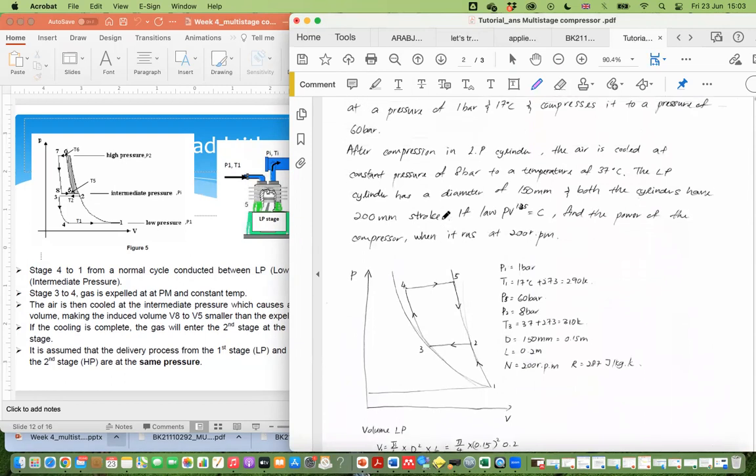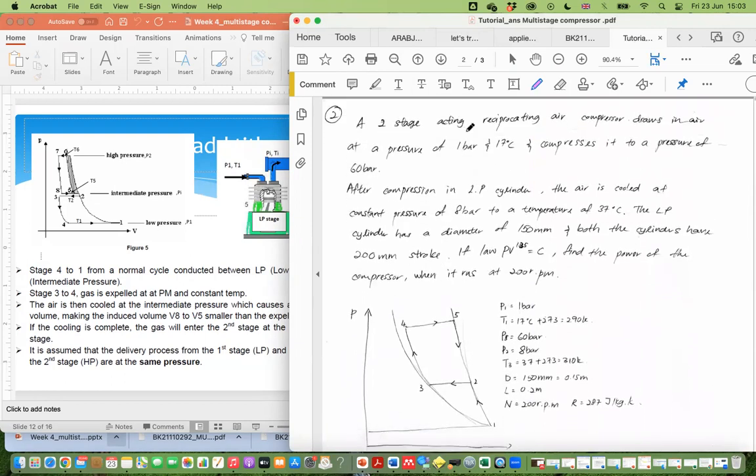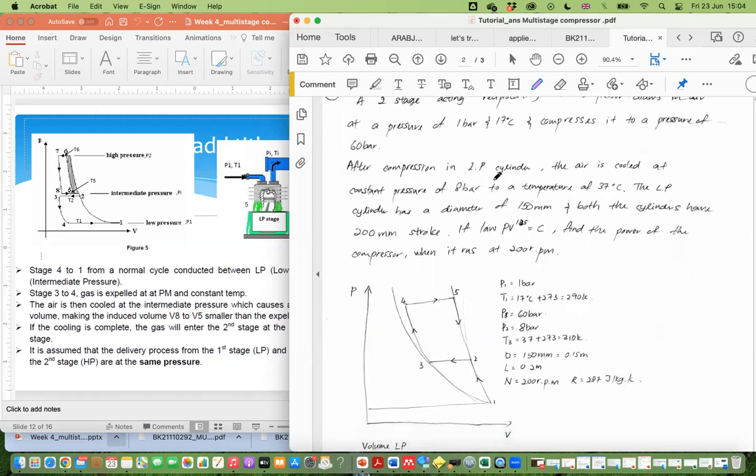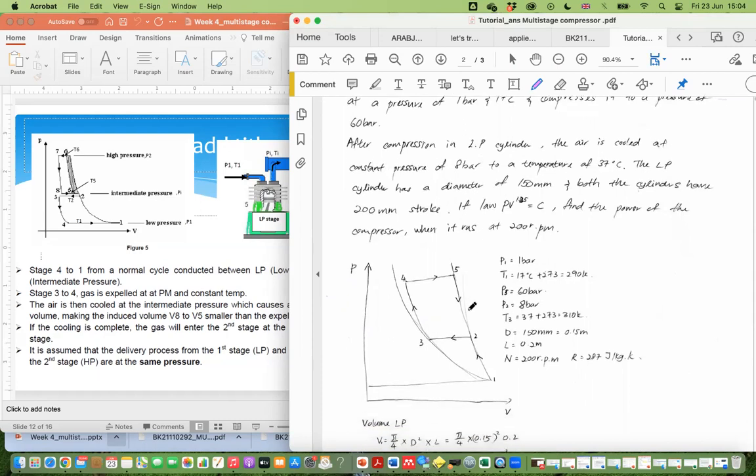The second question is: a 2-stage acting reciprocating air compressor draws in air at a pressure of 1 bar and 17 Celsius and compresses it to a pressure of 60 bar. After compression in the low pressure cylinder, the air is cooled at constant pressure 8 bar, so the P2 or P3 here is 8 bar, at a temperature of 37.